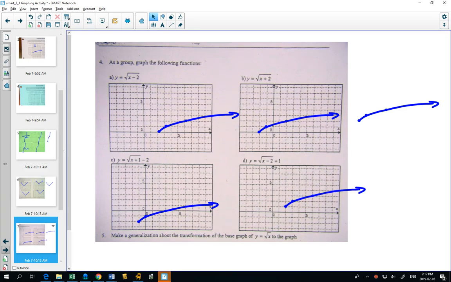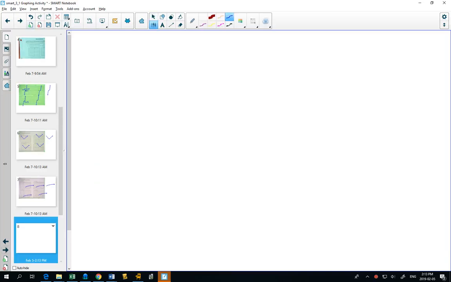Each graph has the exact same shape as our original graph. It's just been moved. So before we get to our reciprocal one, which has a little bit more involved with the asymptotes, where have you seen this idea before?